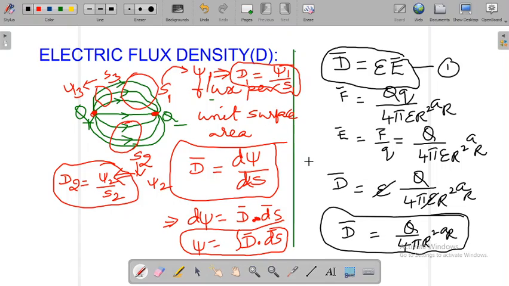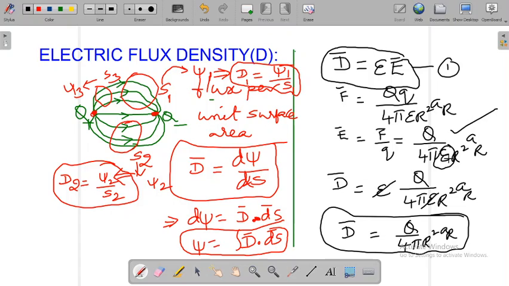From this equation, E depends upon epsilon, so this field depends upon the type of the medium where the point charge is located, whereas D doesn't depend upon epsilon, so D is independent of the medium.